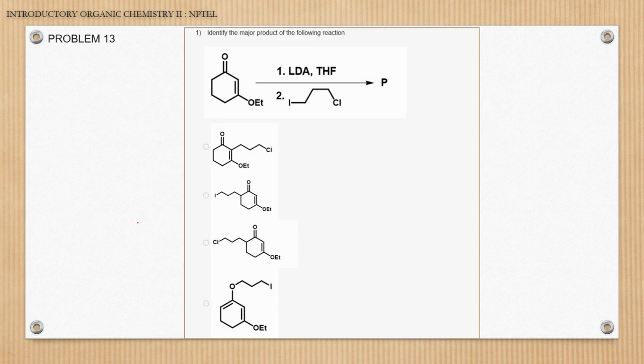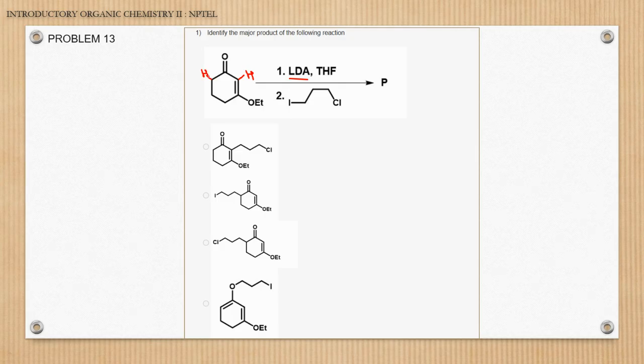So coming to problem number 13. Here again, it is a very simple question. You have to identify the major product of the reaction. So you have to identify this P. Coming to the first step, they have treated it with LDA. LDA will abstract a proton. Will it abstract a proton from this side or this side?